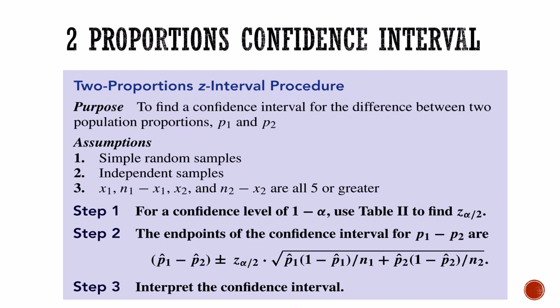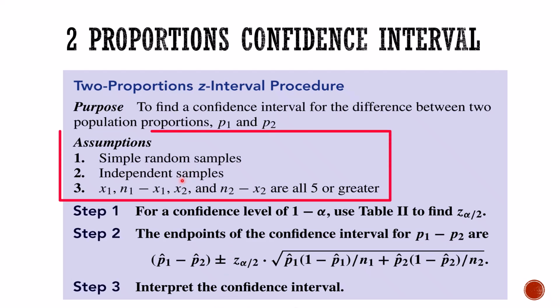First of all, the assumptions are the same as the ones for hypothesis test. It has to be simple random sample. Then the samples need to be independent, unrelated to each other, and x sub 1, n sub 1 minus x sub 1, x sub 2, and n sub 2 minus x sub 2 must all be greater or equal to 5.